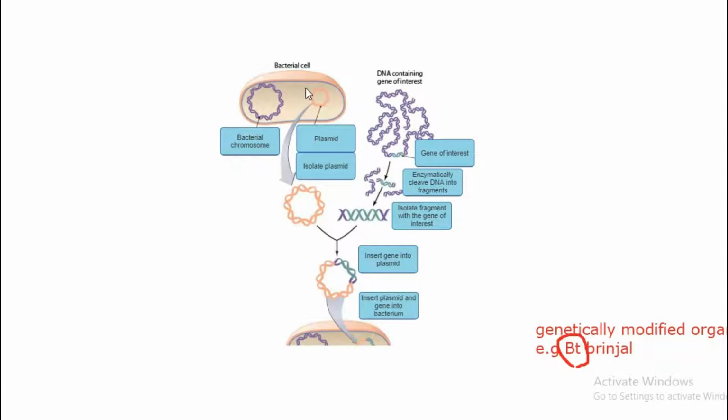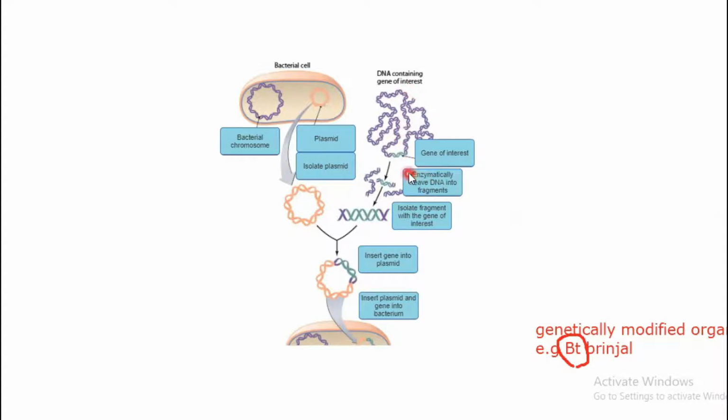Then, whatever is the gene of interest, suppose we want to create a pest resistant plant, you imagine that gene we have to isolate. That is known as the gene of interest. Then, how do we isolate this gene of interest?